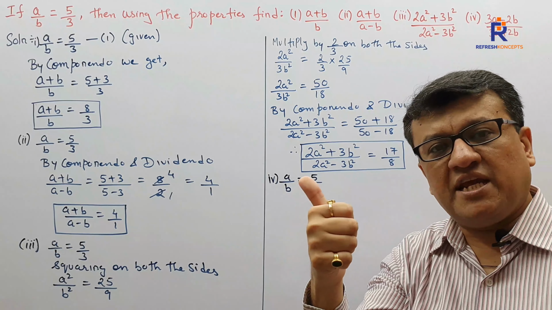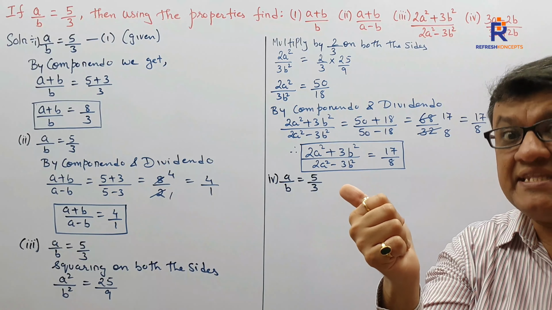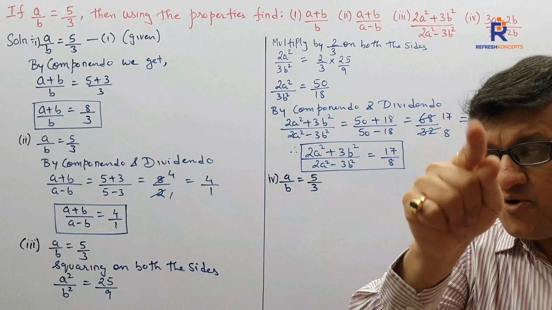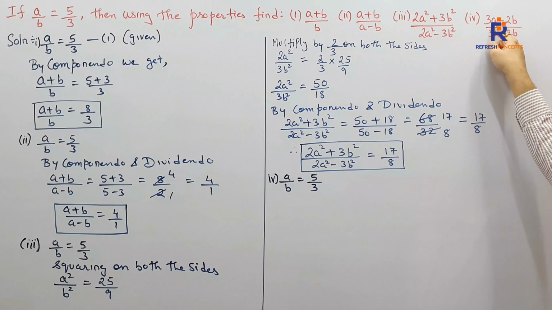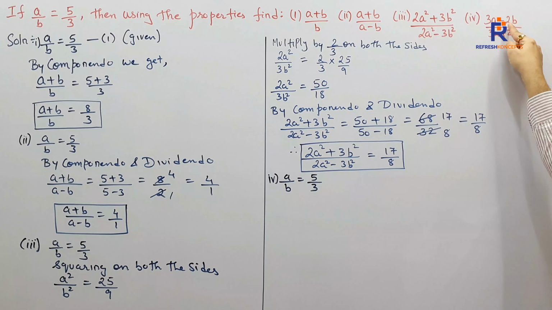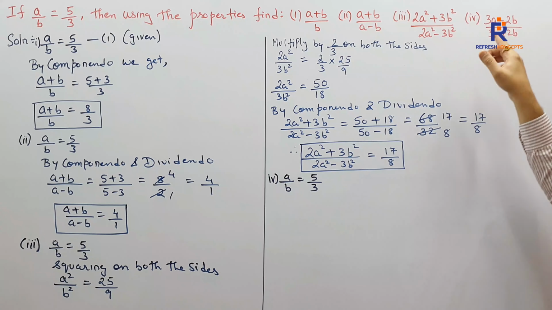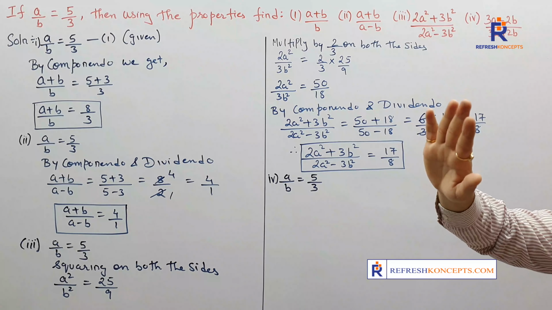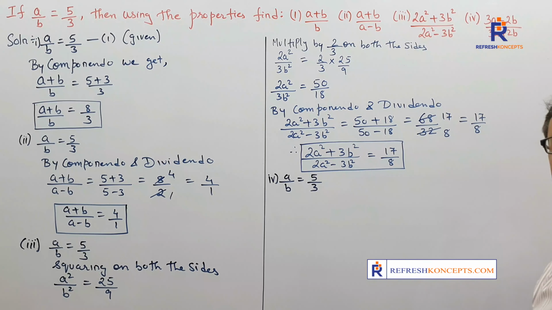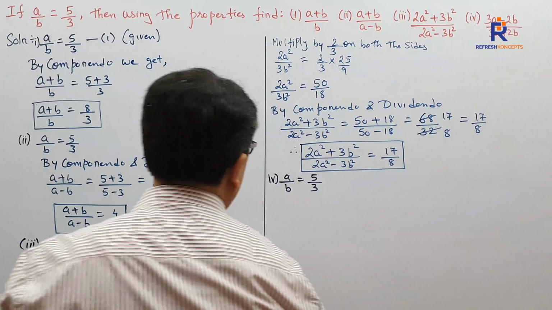So what comes after ratio? Power, which we are skipping out. Then comes coefficient. What is associated with A? 3. What is associated with B? 2. Forget about, as of now, the plus and minus sign. Just check. What is the coefficient for A? 3. What is the coefficient for B? 2.